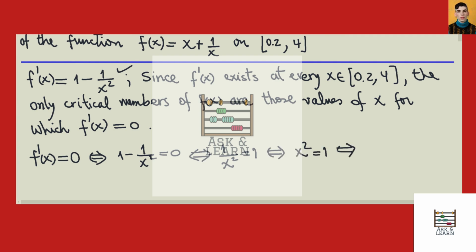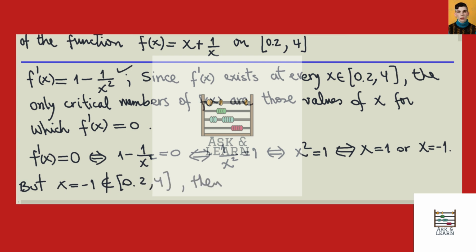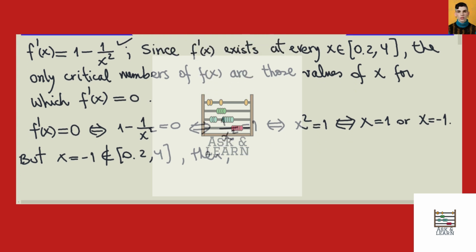And from this, we know that x can be equal to 1 or -1. But x equal to -1 is not in the closed interval from 0.2 to 4. Then the only critical number of f in the interval [0.2, 4] is x = 1.